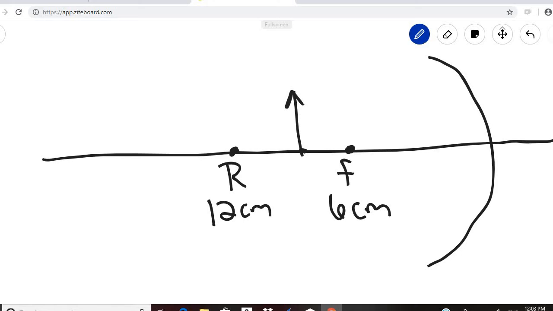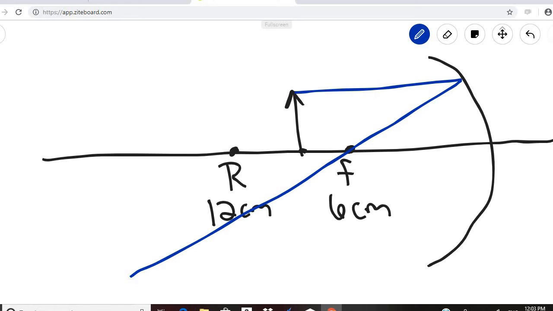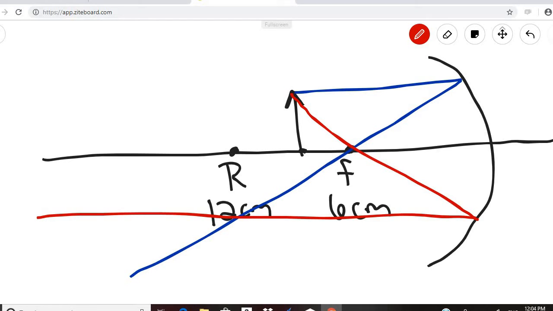rays. Any beam of light that travels into the mirror horizontally will be reflected through the focal point, and then any beam of light that goes into the mirror through the focal point, so from this point on the top of the object, if it goes into the mirror through the focal point, then it will reflect out horizontally.